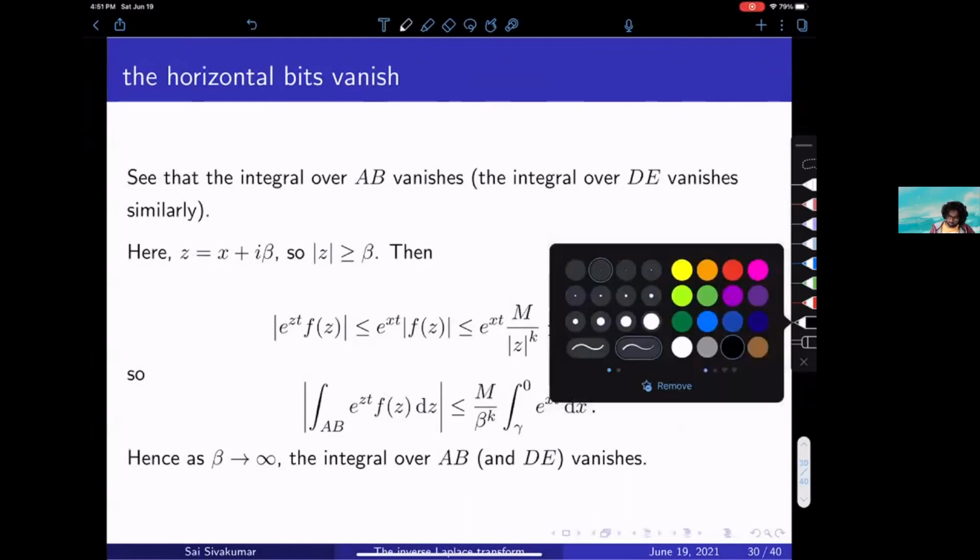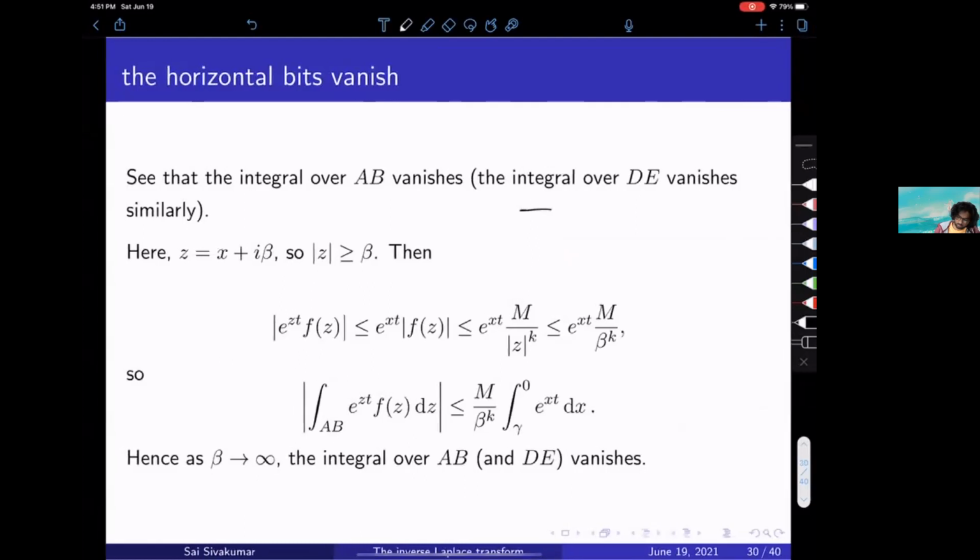So let me draw a sketch again of the horizontal bit, and I'll put the origin here. We drew the horizontal bit from the contour over which the inversion integral is usually taken. You start from the top, and you go all the way to the left until you hit the imaginary axis.